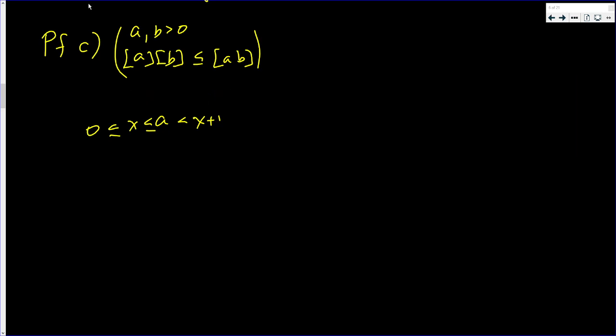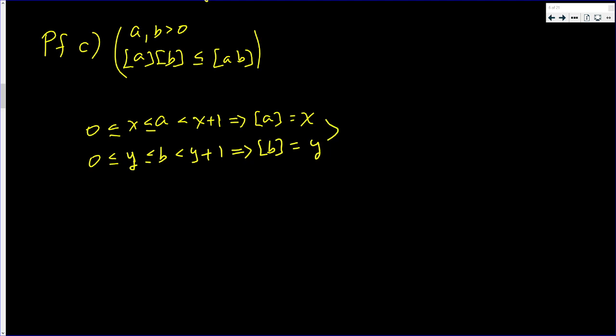So this tells us that the greatest integer of a is x, and a similar argument tells us the greatest integer of b is y.